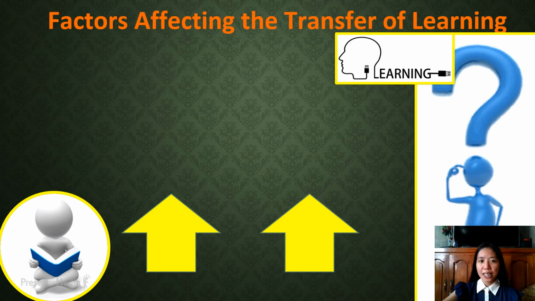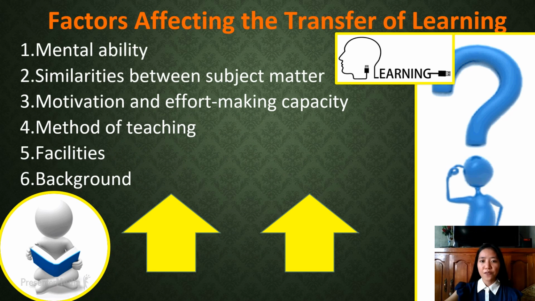For our last topic for today's session, we will be oriented with the various factors affecting the transfer of learning. These are the relevant factors: mental ability, similarities between subject matter, motivation and effort-making capacity, method of teaching, facilities, and background.